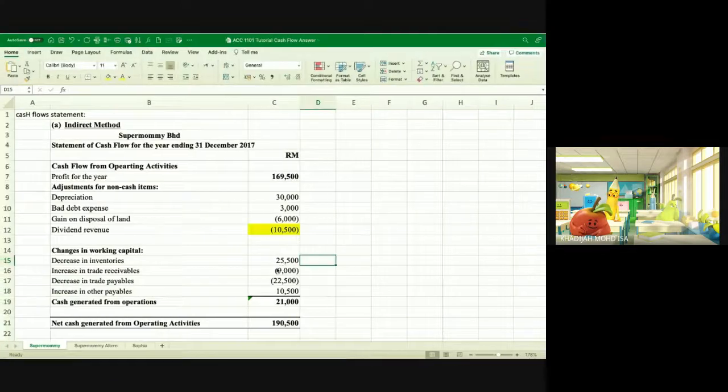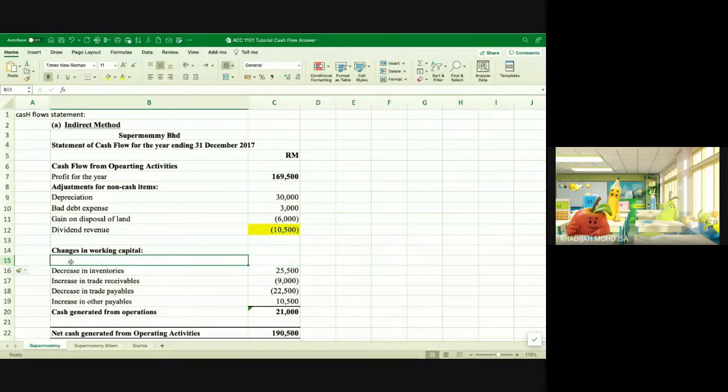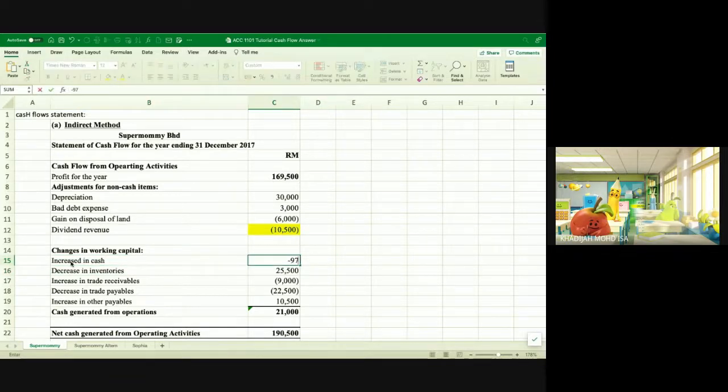That's why you're going to minus. Ya, betul jawapan ni. Right, so minus 97,500. Okay, tak apa, kita buat je dulu.